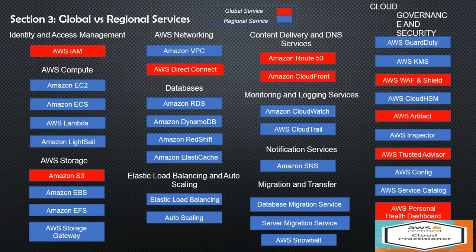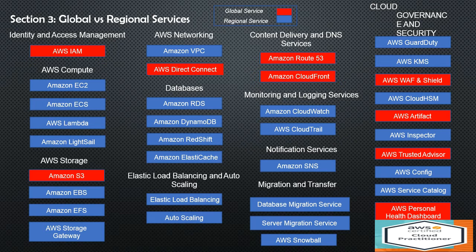So the red ones here are the global services. As you can see, Amazon IAM is a global service, S3 is a global service, but there's a catch. I'll explain that in a later slide. And then Amazon Direct Connect is a global service, Route 53 again a global service, Amazon CloudFront a global service, and WAF, Shield, Artifact, Trusted Advisor and the AWS Health Dashboard are again global services.